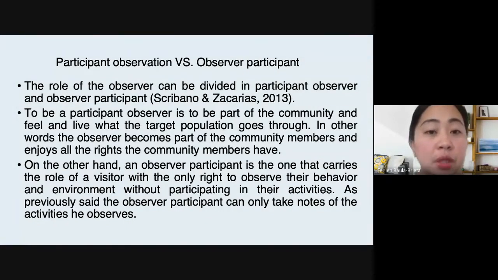So that is a participant observer classification. On the other hand, an observer participant is the one that carries the role of a visitor, with the only right to observe their behavior and environment without participating in their activities. So that is another example of how you do observation.